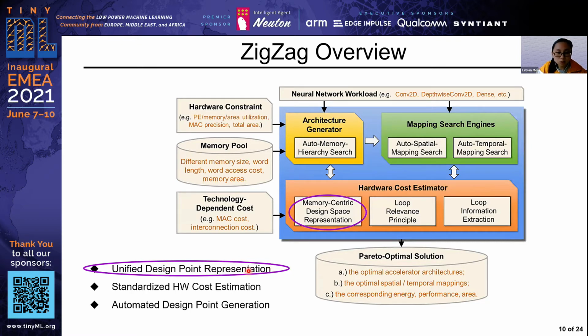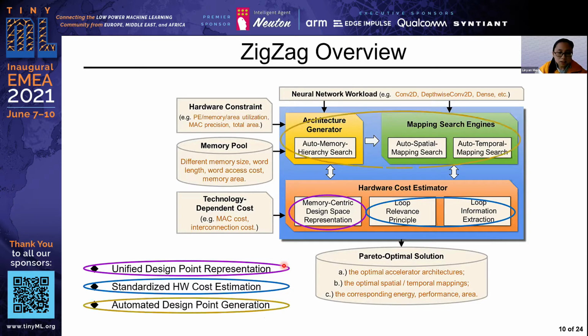How do we model each design point in the framework, which includes all the information from the hardware, from the algorithm, and from the mapping? And secondly, the standardized hardware cost estimation. So given such a unified representation for each design point, how do we estimate hardware cost? And then finally, in order to let it automatically search the design space, how do we automatically generate those design points?